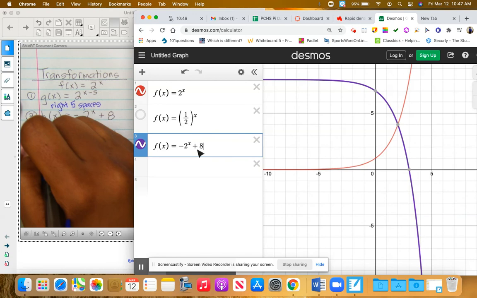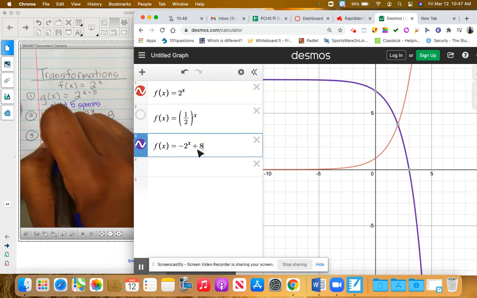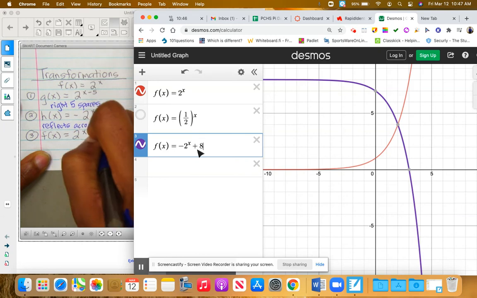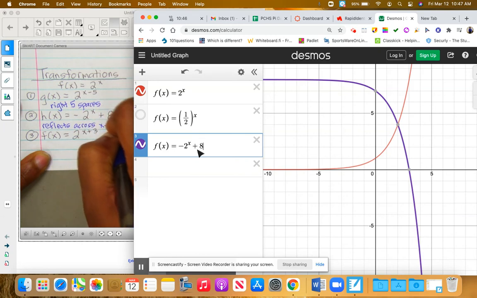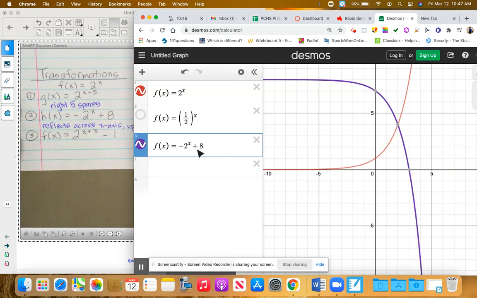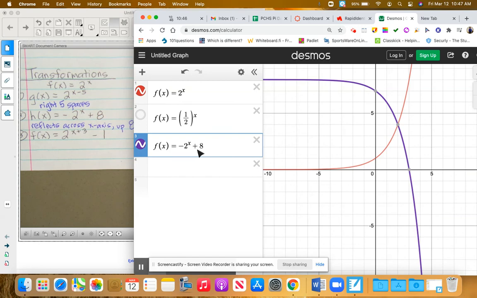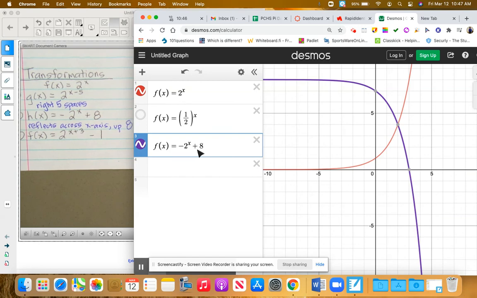So number 2 is a reflection across the x-axis. And the plus 8 moves the whole function up 8 spaces. So for number 2, it's a reflection across the x-axis, and it moved up 8 spaces.